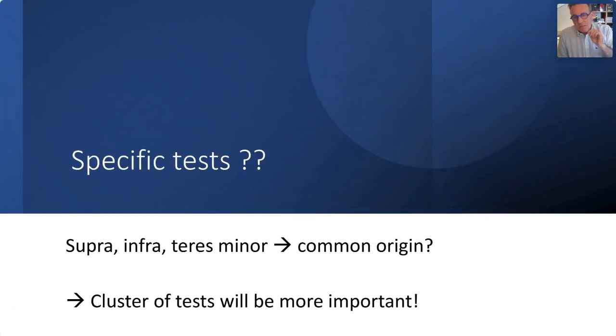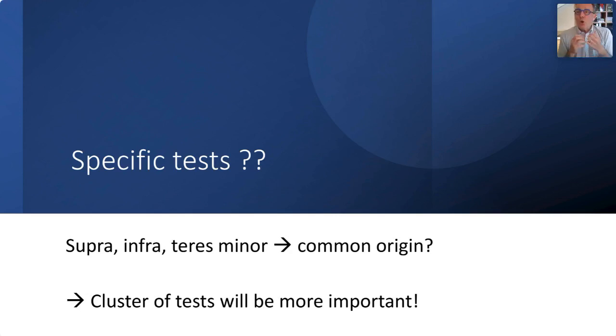But there is something which is very important. Resisted abduction, are you only testing supraspinatus? Resisted lateral rotation, are you only testing infraspinatus? Is it such a specific test? The answer is no. You may not forget that the insertions of supra, infra, and teres minor are, let's say, interconnected anatomically.